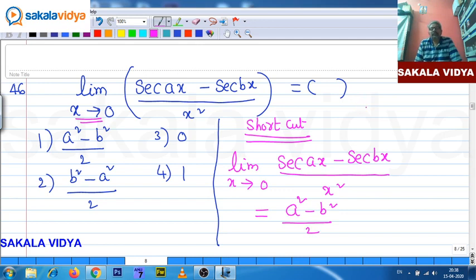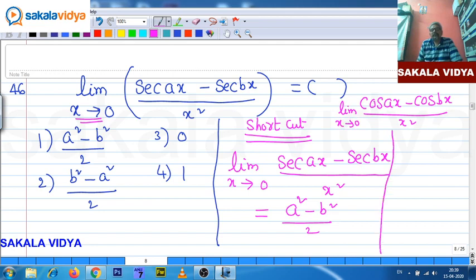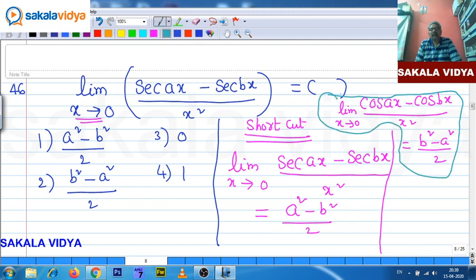For example, if you have cos ax minus cos bx upon x square as x approaches 0, then this is equal to b square minus a square by 2. So remember this shortcut also. This may be useful even for solving continuity problems.